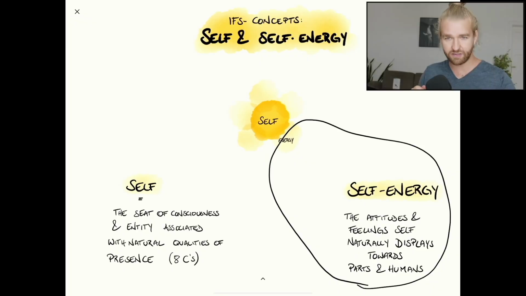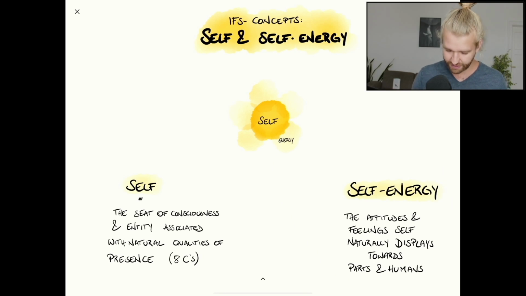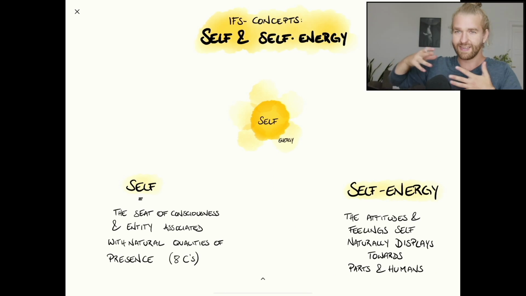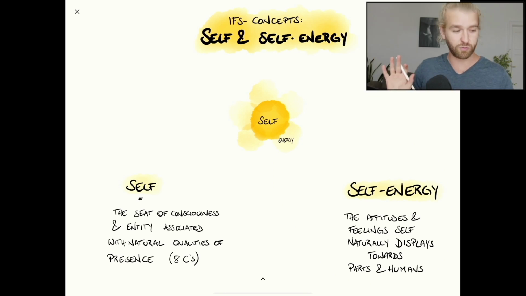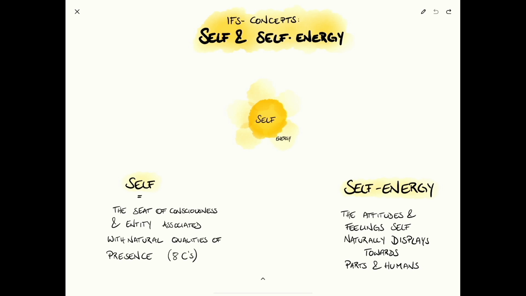And those attitudes are called self-energy. They are kind of the energy that self naturally displays or exudes towards humans, towards parts, etc. So self is the entity, the seat of consciousness itself. Self-energy are the feelings and attitudes.